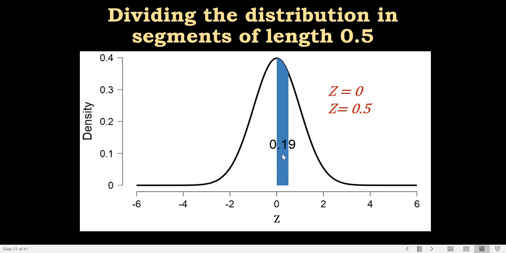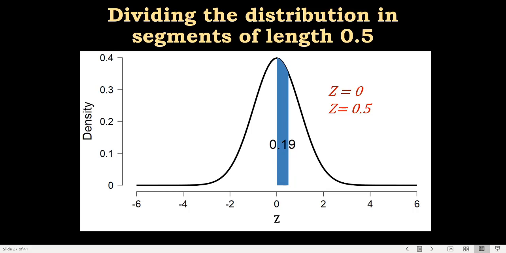And if you consider that the total area under this curve is arbitrarily decided to be 1, the part of the area under the curve that belongs to the interval 0 to 0.5 is 19% the size of the total area. And we use that as a measure of probability. So probability is 0.19.